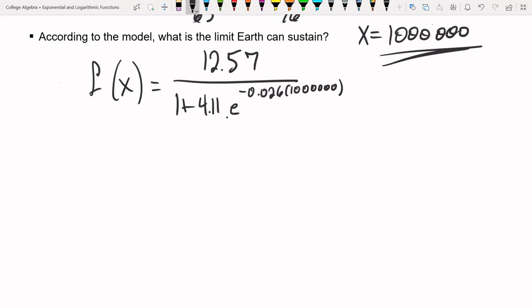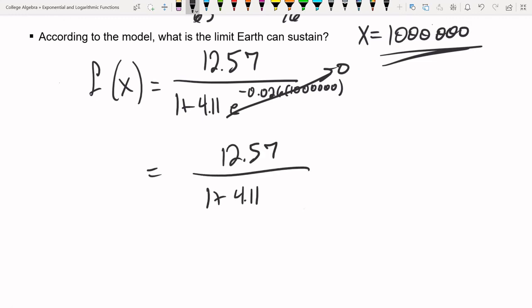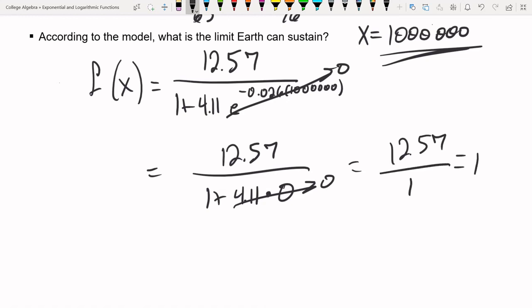Okay, so essentially this thing just goes to 0, and we have 12.57 over 1 plus 4.11 times 0. But that just also goes to 0, giving us 12.57 over 1, and that equals 12.57. So 12.57 is the limiting value that this model estimates for that Earth can sustain.